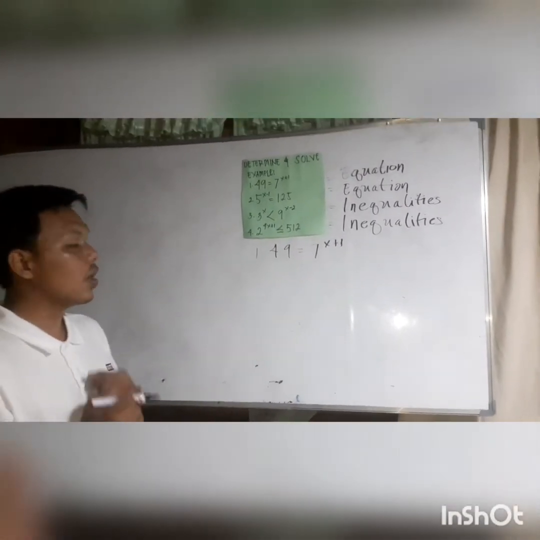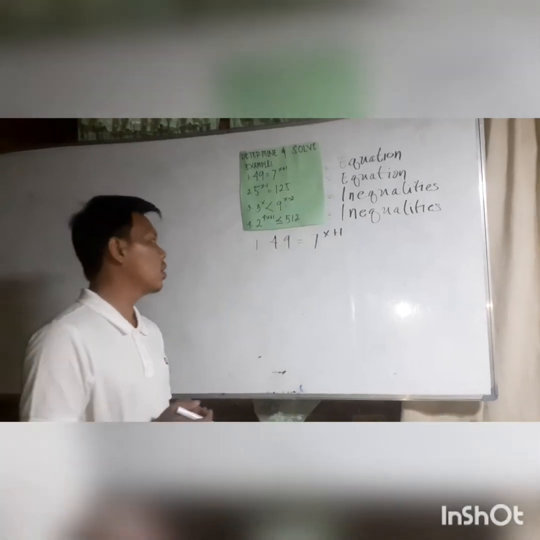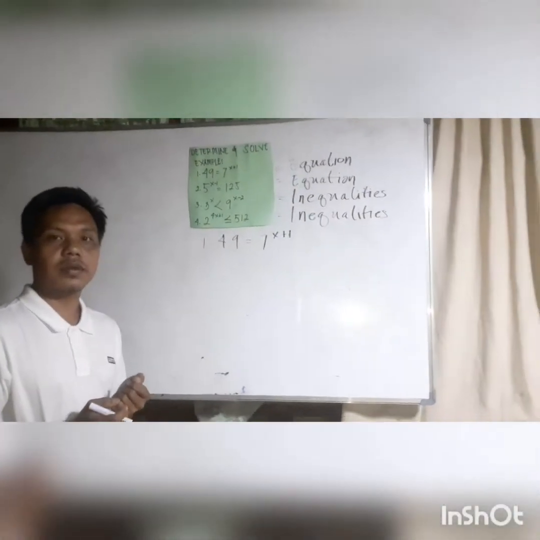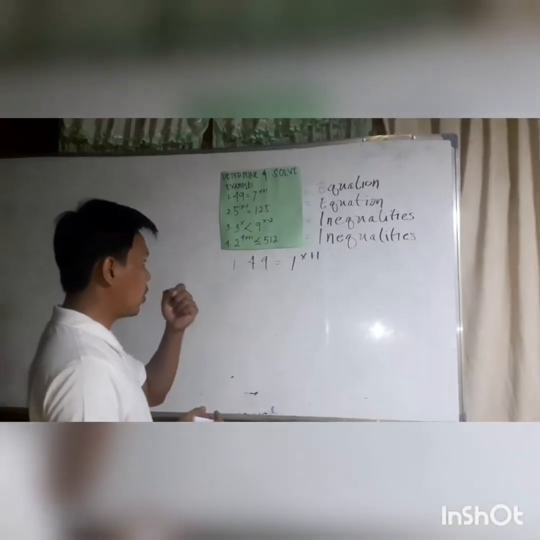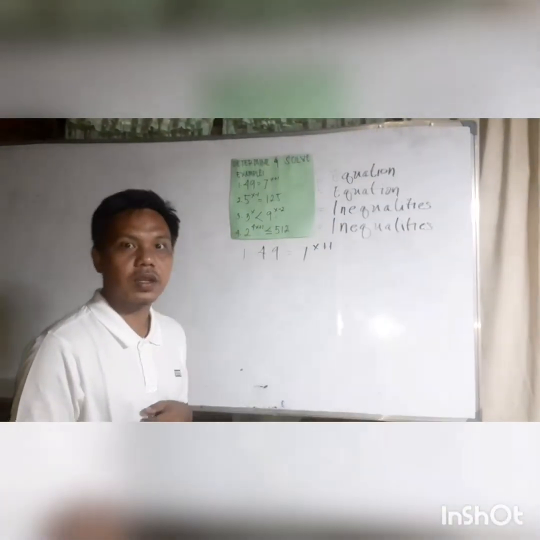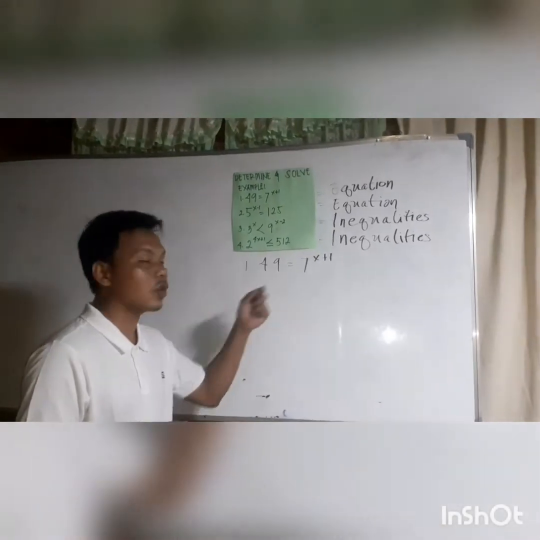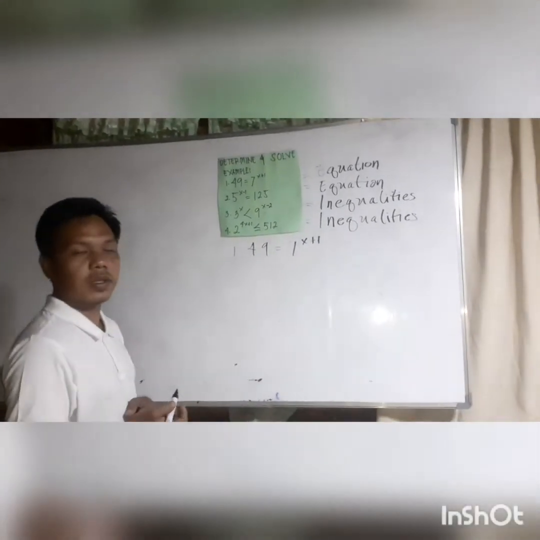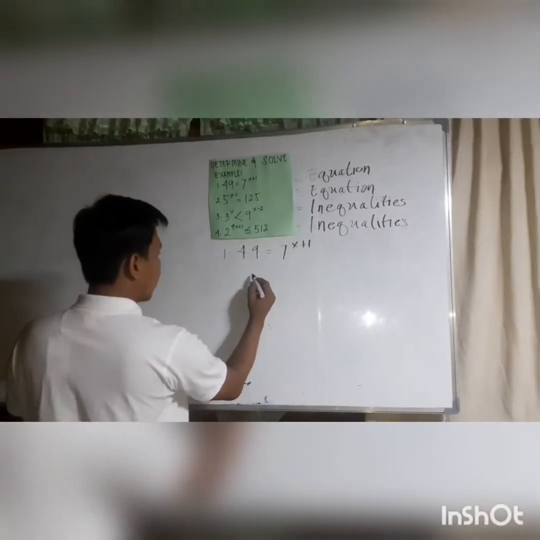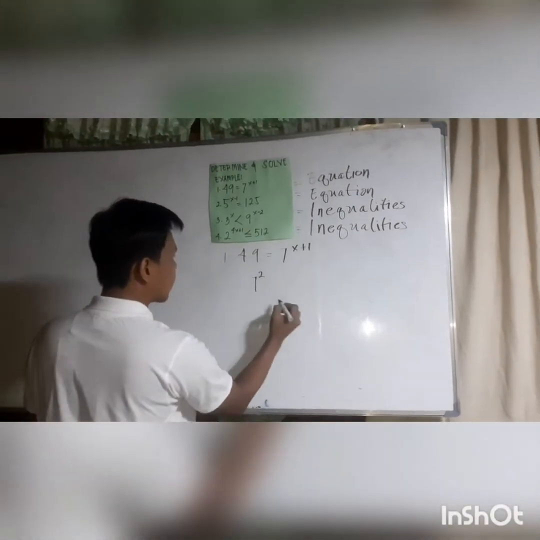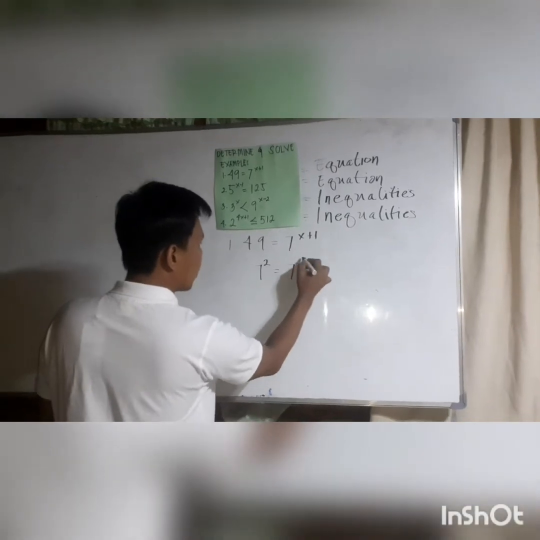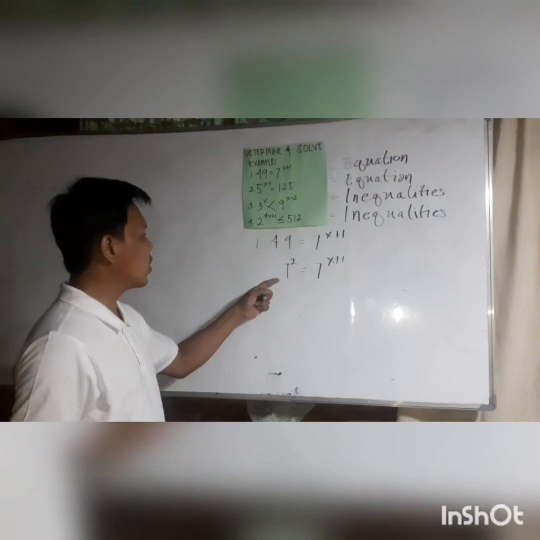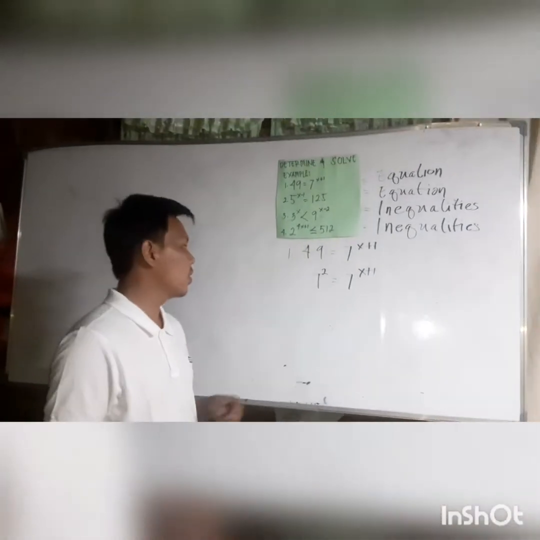The base should be equal to solve the exponential equations. So this 49 can be written as 7 squared, so 7 to the x plus 1. This 7 squared is also equal to 49.